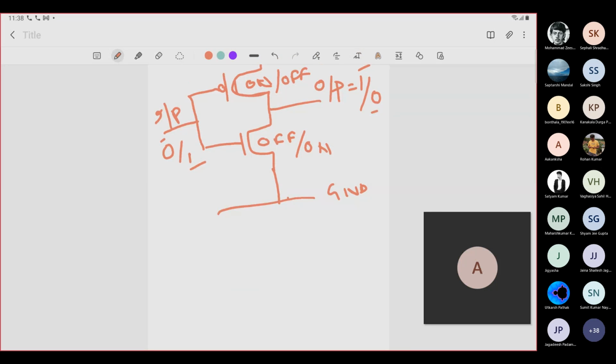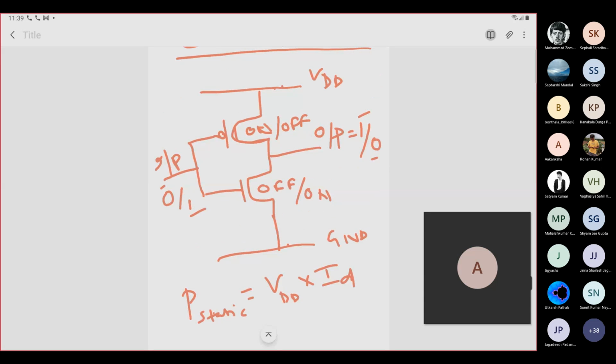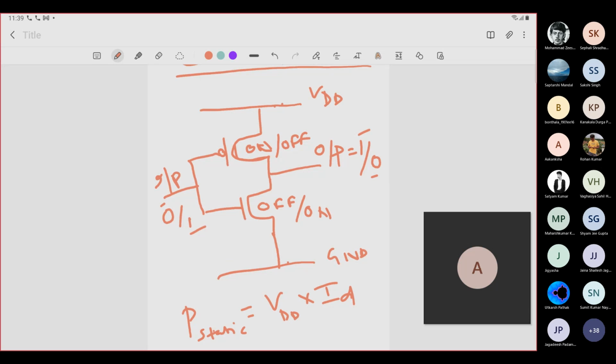So in this case, what will happen? The static power is VDD times the drain current ID. Since one of the transistors is always off, either PMOS or NMOS depending on the input, there is no drain current from VDD to the ground.